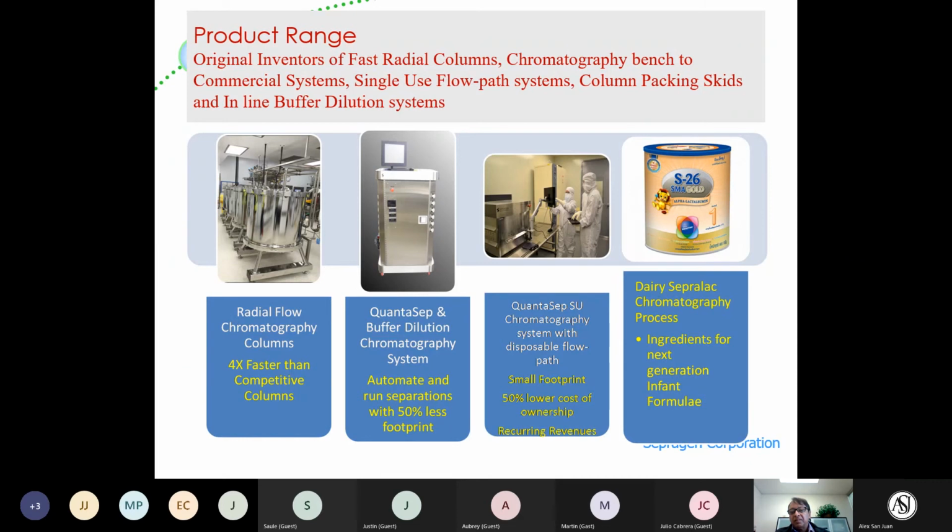So this is the latest range of infant formula that the large companies have come out with, and our columns are being used to process well over 100,000 liters of milk a day, and we just completed an installation of 15-ton annual capacity of lactoferrin.